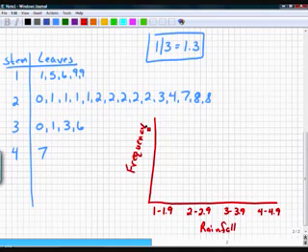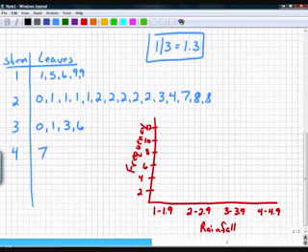How often each of them occur. And our frequencies are going to go up by twos. 2, 4, 6, 8, 10, and 12. Makes sense.